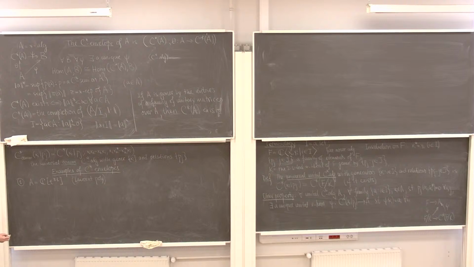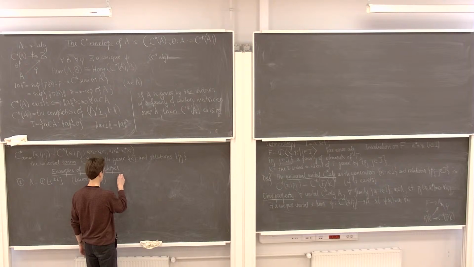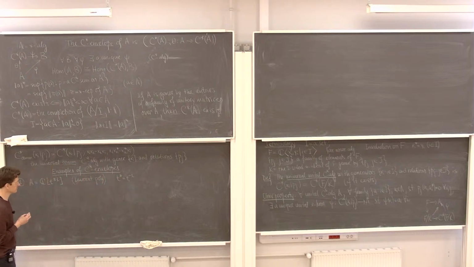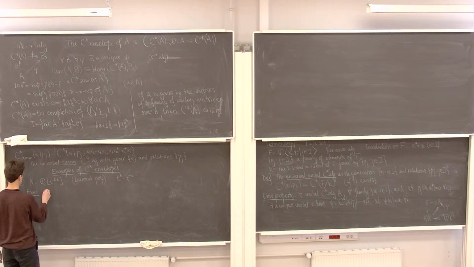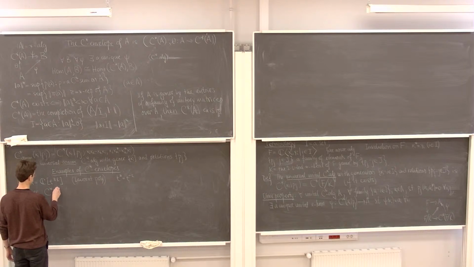We make it into a star algebra as follows. We define the involution in such a way that t is unitary, t star equals t inverse. So what can we say about the C-star envelope of A?